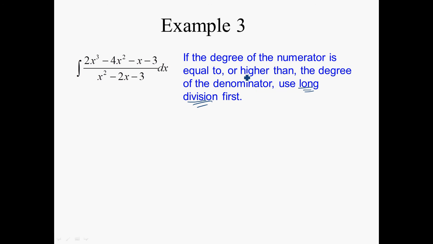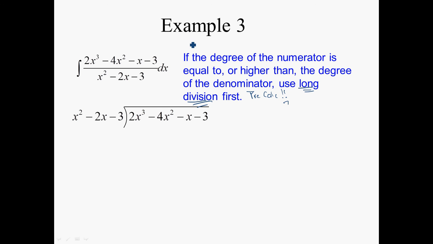Use long division first. Oh, there's pre-cal again, coming back to bite you in the butt. Actually, I taught a number of you how to do long division in Algebra 2. Come on now. So, first I have to get myself to a partial fraction where the degree of my numerator is smaller, right?